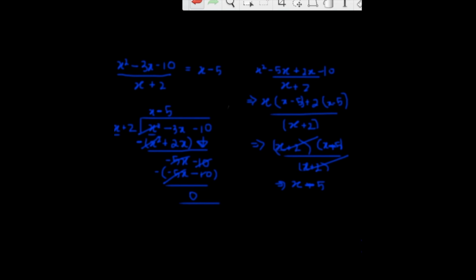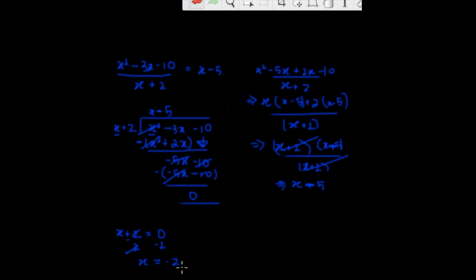Now you can also do this another way, which is synthetic division. So in that case, you take the divisor, which is x plus 2, and equate it to 0. Then you take the 2 to the other side, giving you a value of x equals negative 2.